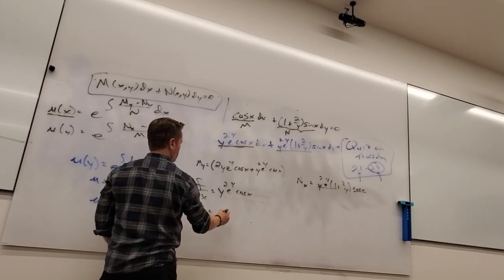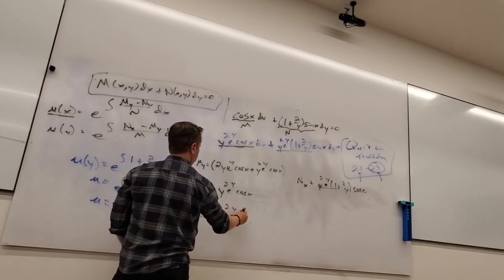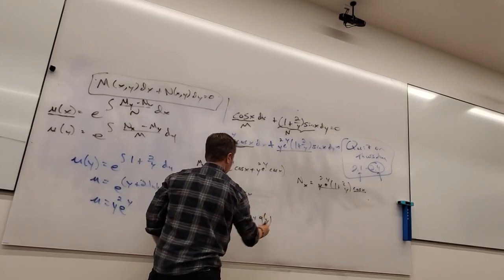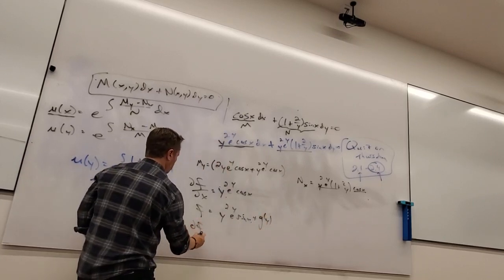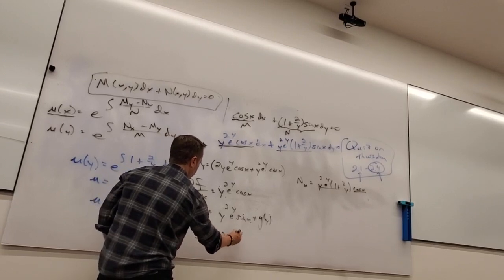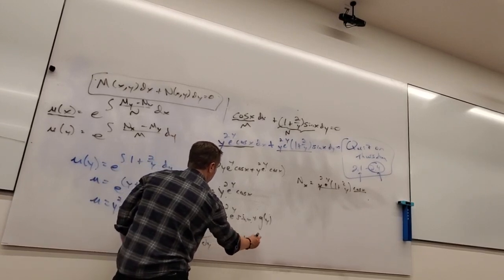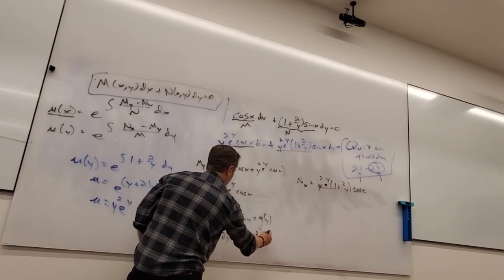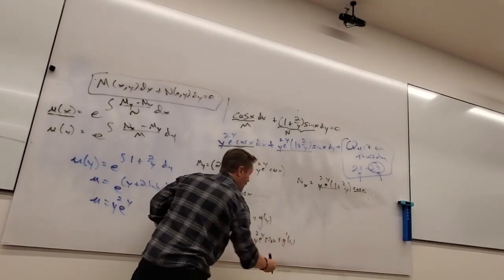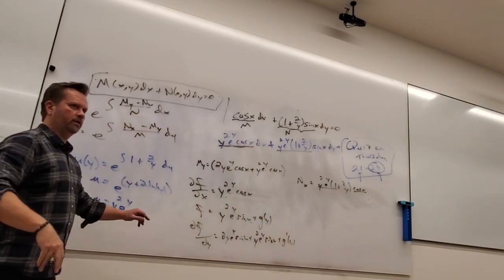So what do you get when you integrate this? y squared e to the y sine x, right? Plus g of y. So the derivative with respect to y would be 2y e to the y sine x plus y squared e to the y sine x plus g prime of y. Just doing this a little quickly.